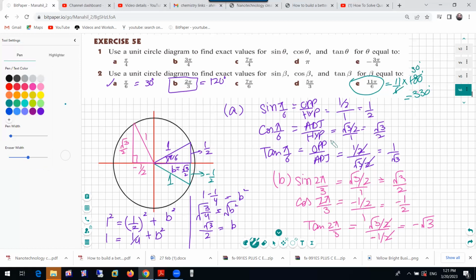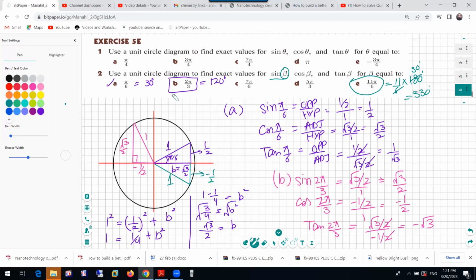Difference between the questions, because there are different symbols, beta and theta. These are actually only symbols. Actually, you have to see the angle. They are only symbols, theta, alpha, beta. The thing is the same, the angle. In question number 1, all the multiples are of pi by 4.